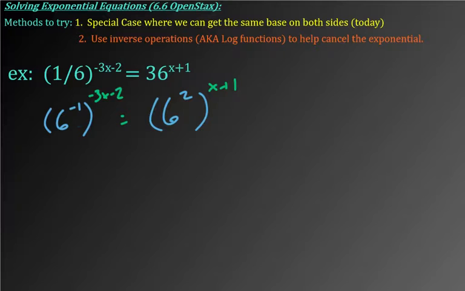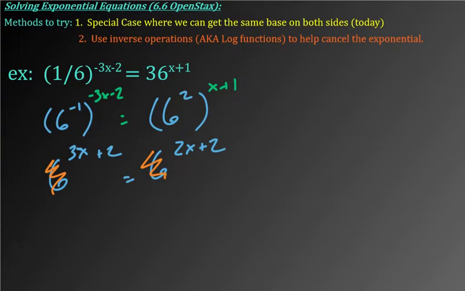And at this point, you just have to do a little bit of simplifying. When you do a power of a power, you multiply, right? So we would have 6 to the 3x plus 2, and then we would have 6 to the 2x plus 2 there. And this is the point where I literally would just ignore the bases, right?